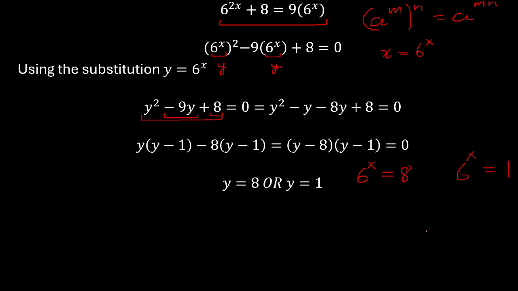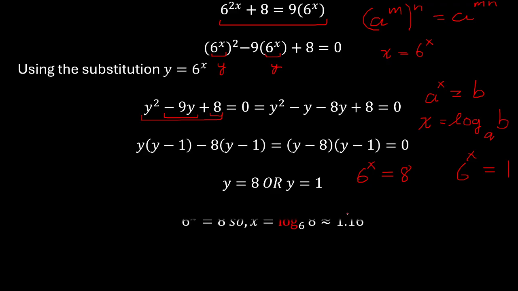6 to the power x equals 8, or 6 to the power x equals 1. Now this is your simple logarithmic formula, which means that x equals the log of b to base a, and doing that we get our two answers.